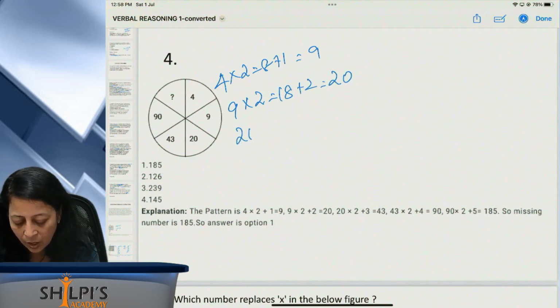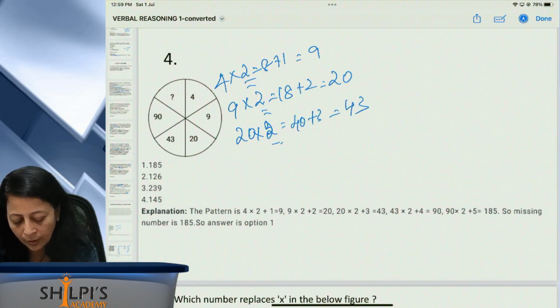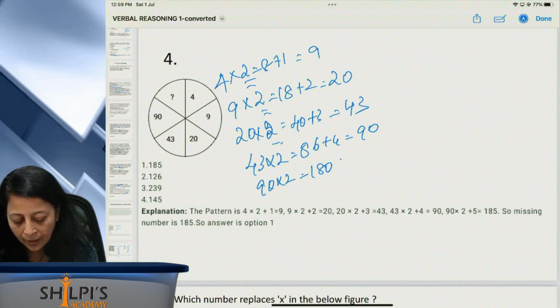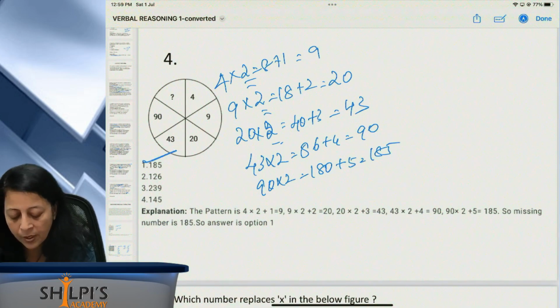Now third is 20 into 2, everything is into 2. 40 plus 3 is equivalent to 43. Next is 43 into 2, which is 86, plus 4 is equivalent to 90. Now comes 90 into 2, which is 180, plus 5. So the answer should be 185. So the option is A.